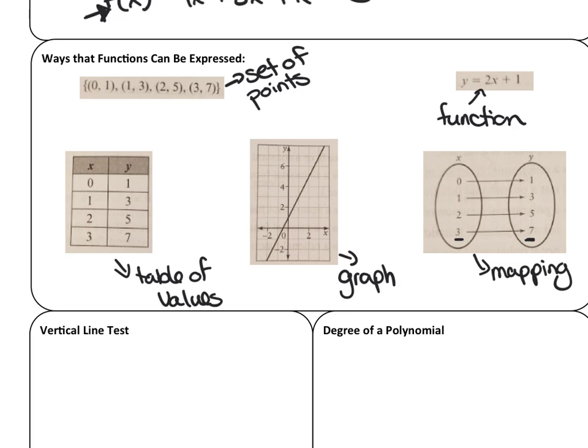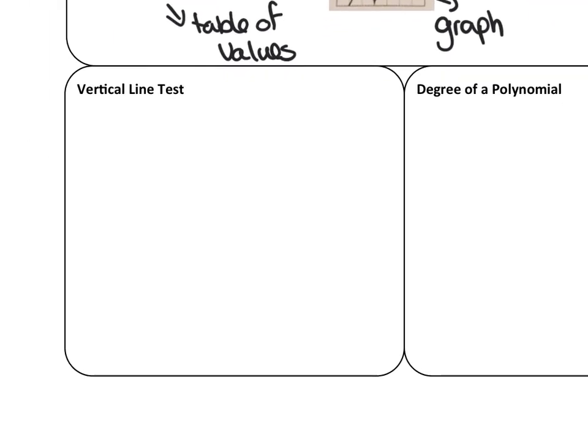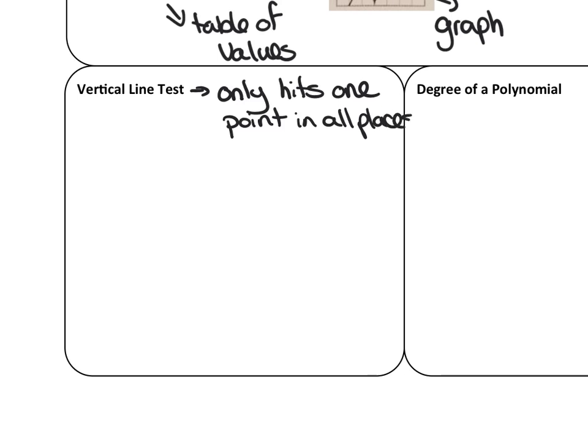Another way to recognize a function is to do what's known as the vertical line test. If it's a function, the vertical line only hits one point in all places. And I'll show you how that works.